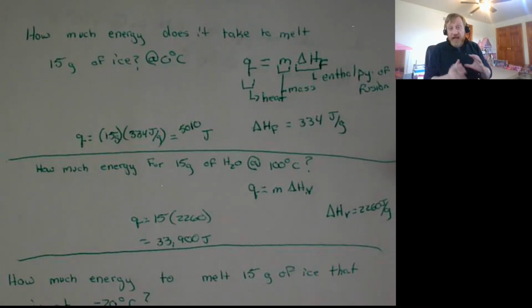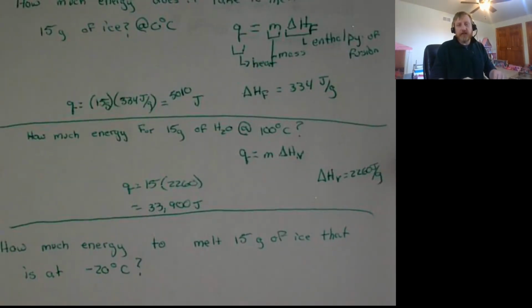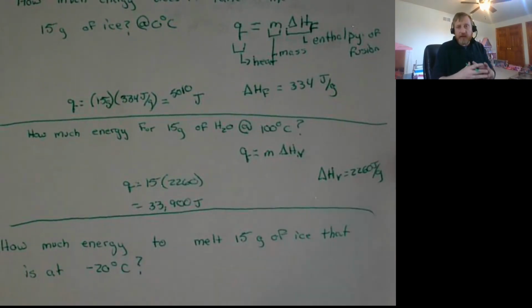So we could put the signs backwards on those, making a negative 5010 to indicate that the reaction is losing this energy. And we could list it as, again, the negative 33,900 if we were condensing, because that substance would be exothermic, giving off the energy, and therefore the delta H should be negative.